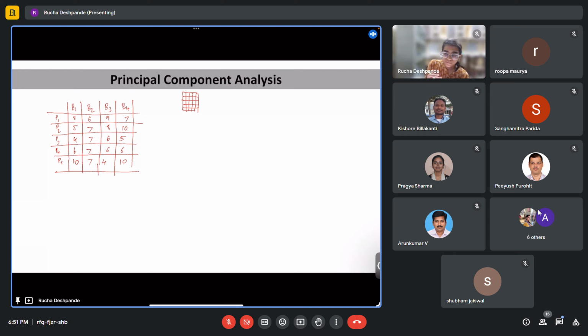Right. So here we see that in band 2, the value is remaining almost similar in all the pixels. So it's not giving any extra information.